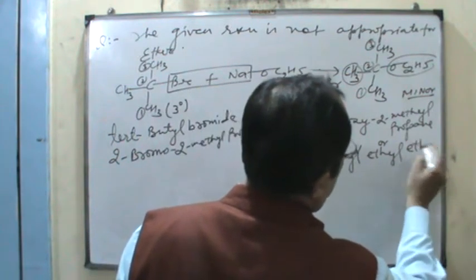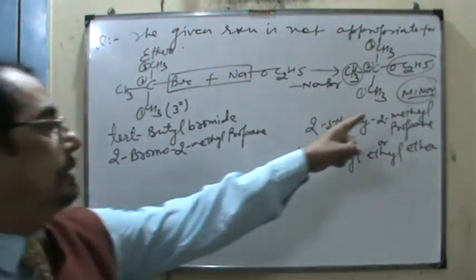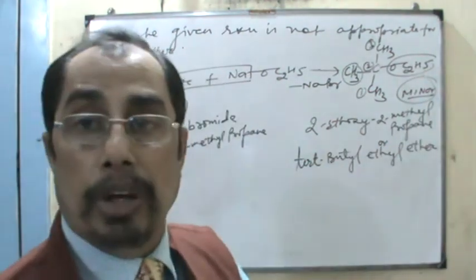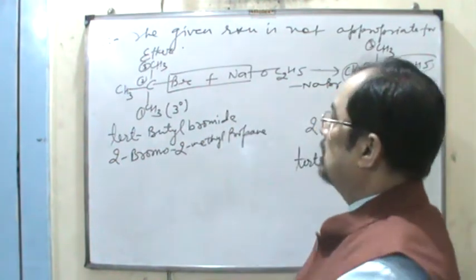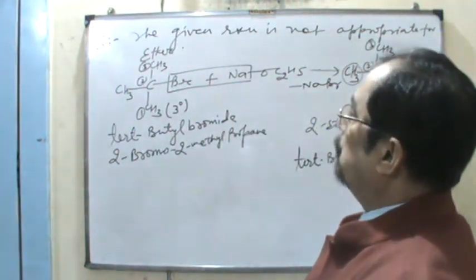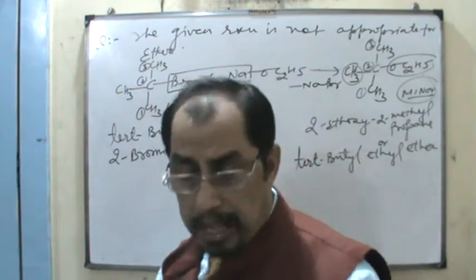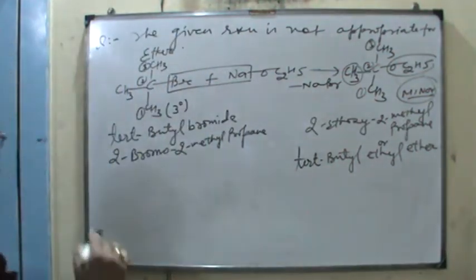It is the common name. But this ether, whatever we got, point to be noted, is the minor ether, because we have taken a 3-degree halide, and second it is a part of the nucleophilic substitution reaction. Therefore, the question is, what will be the major product from the given reaction?